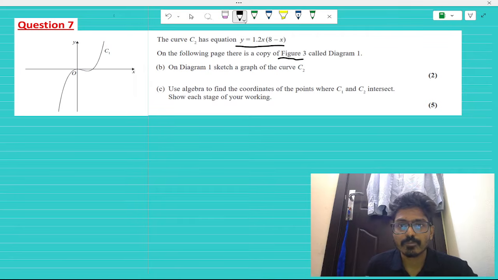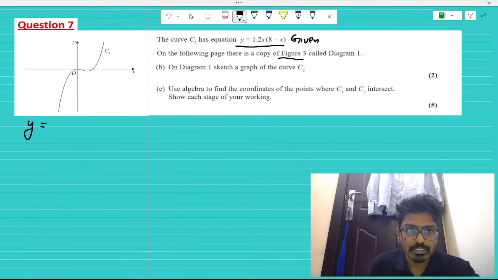So by using the equation, what is the given equation? They have given y is equivalent to 1.2x times (8 minus x). So let us first multiply this out. 1.2 times 8 is going to be 9.6x, minus 1.2x squared, right?